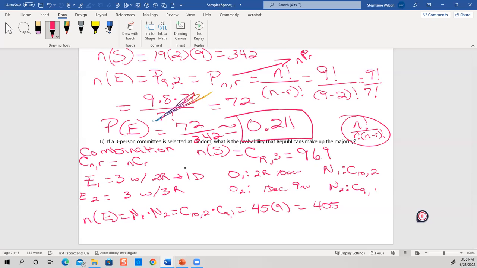Oh, and I should have put event 1 right here. Now let's look at the number of elements in event 2. So what we're going to do is have C(10, 3).